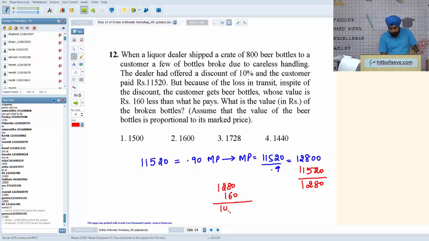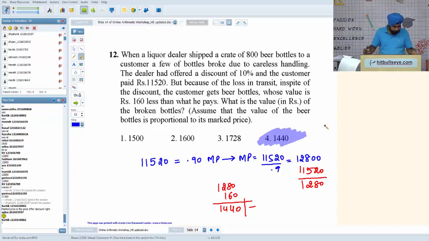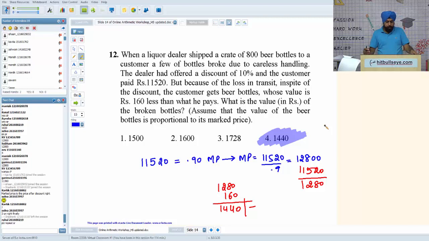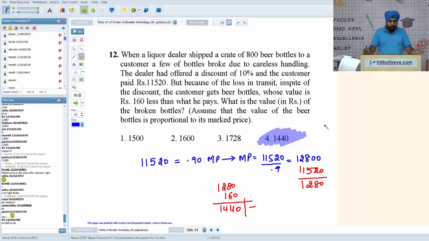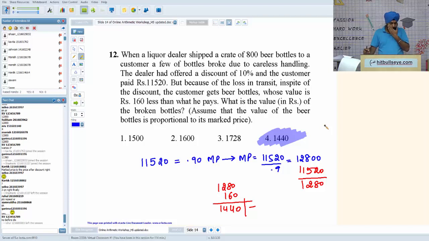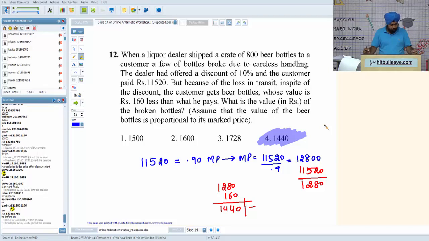That means the total market price of the bottles which have been broken is 1440. So the answer comes out to be choice number 4. Karthik, market price is the price before the discount, but he asked about the value in rupees of the broken bottles only, so that is perfectly okay for this.